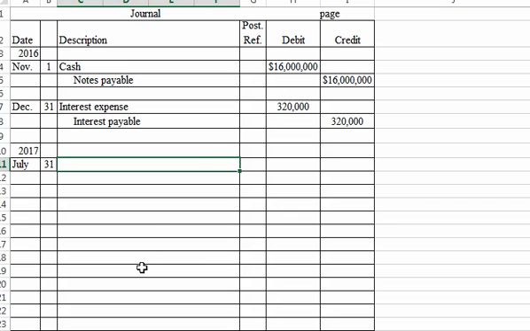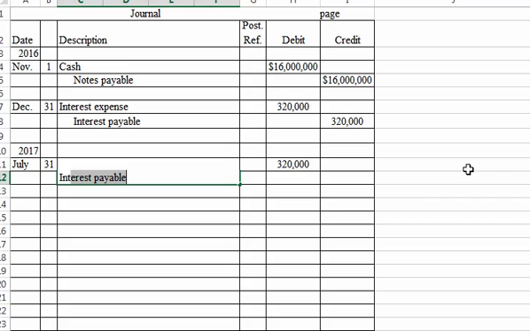But we would debit interest payable from above. This part would now be paid on the maturity date. Remember, on the maturity date, Quantum's going to repay not only the face amount, but all of the interest due on the note. So we'll wipe out this account, interest payable. We credited it for $320,000, so to take it off the books once it's been paid, it would be debited for $320,000. Remember, liabilities decrease on that debit side.